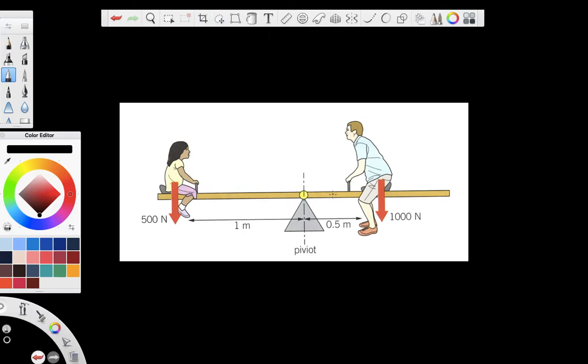If we have a look at this diagram, our equation is moment is equal to force times distance.